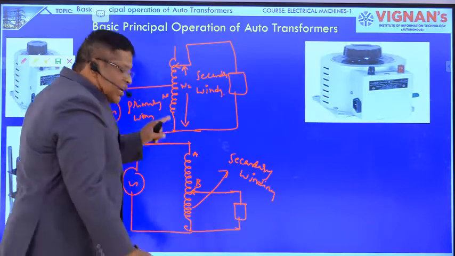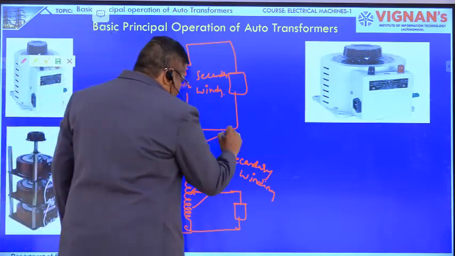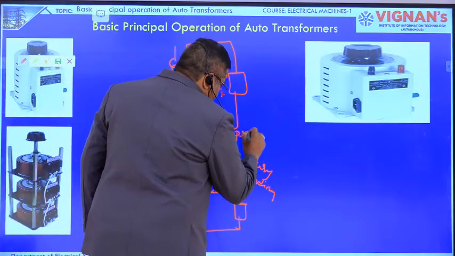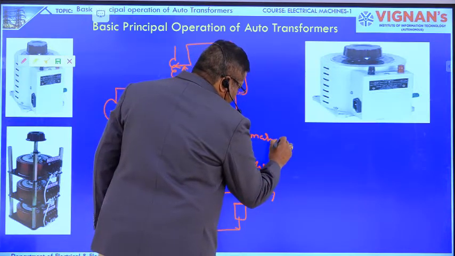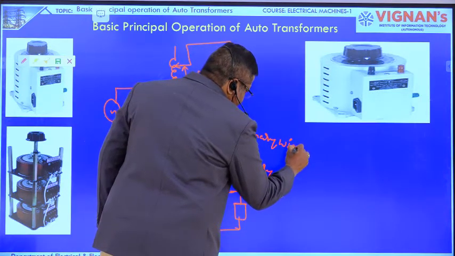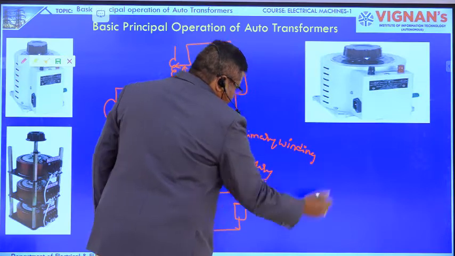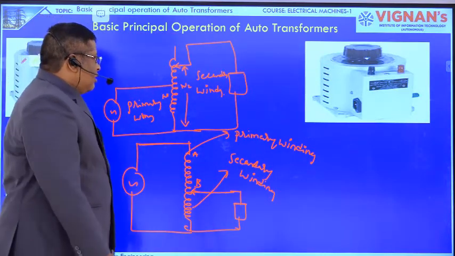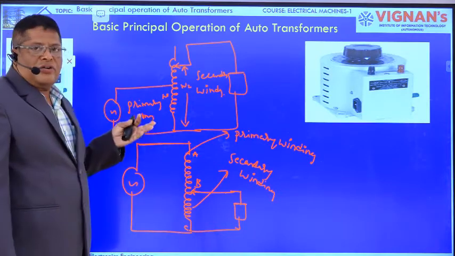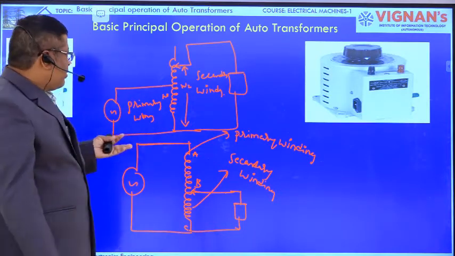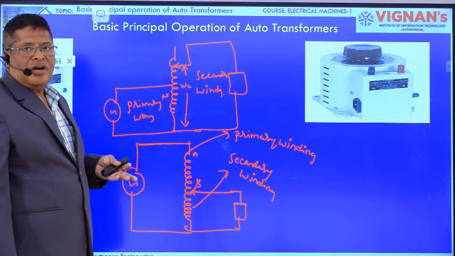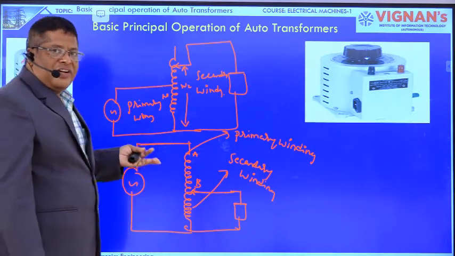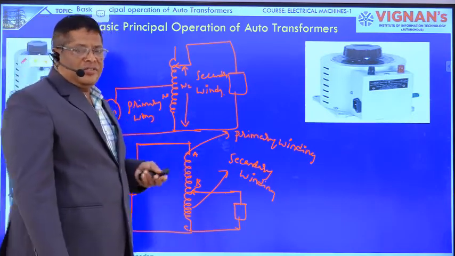The winding between A and C is the primary winding. So in this manner, there are two types of auto transformer: one is the step-up auto transformer and the second is the step-down auto transformer, in single phase as well as three-phase auto transformers.